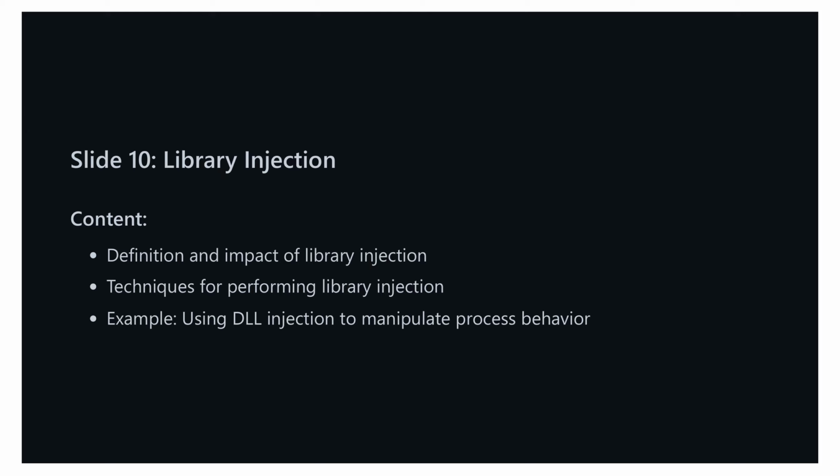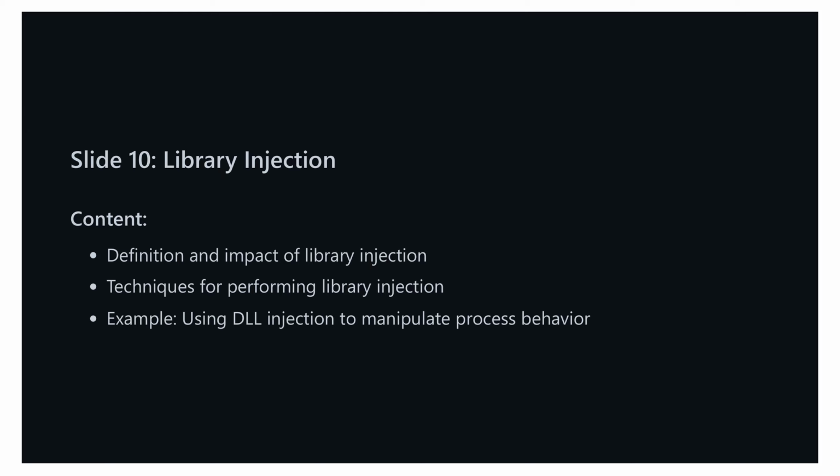Library injection is a technique used by attackers to insert malicious code into a running process by exploiting dynamic link libraries, DLLs. The impact of such an injection can be significant, as it allows the attacker to manipulate the behavior of a legitimate process, potentially leading to unauthorized actions or data exfiltration. There are several methods for performing library injection.